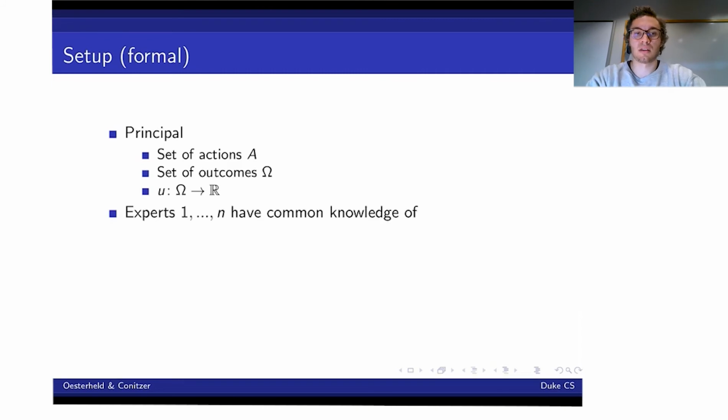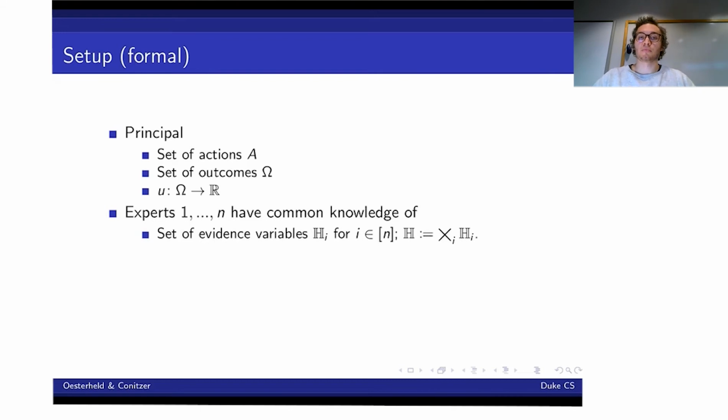And then there are experts. And in this paper, we not only consider the case of a single expert, although that's an important special case. We also imagine that there could be more than one expert, and each expert has access to some set of evidence variables.